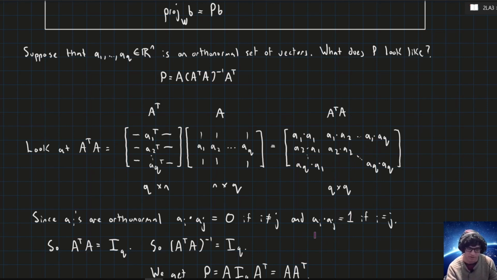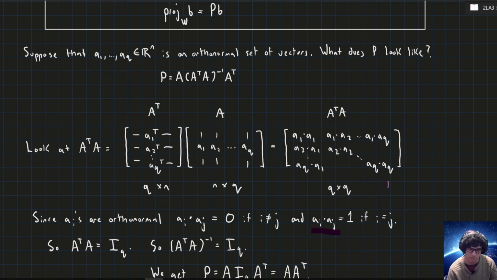Also, if we're looking at AI dot AJ, if I equals J, so the stuff on the diagonal, the dot product is going to be 1. Since all the A's are normal vectors, the length is 1, and that means when you take the dot product with itself, it's also 1.